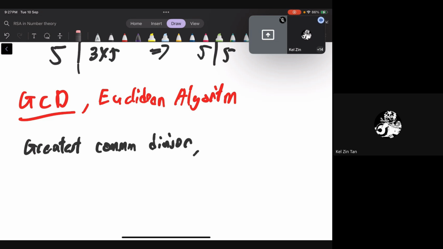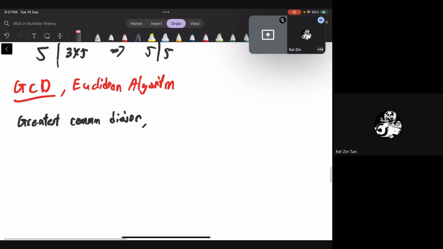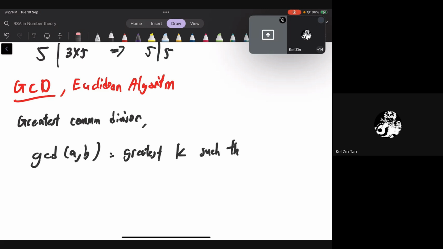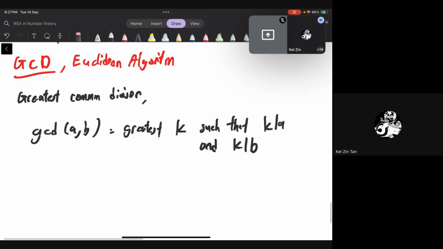What does greatest common divisor mean? If I write GCD of A and B, my intention is to find the greatest K such that K divides A and K divides B. So this is the definition of GCD.